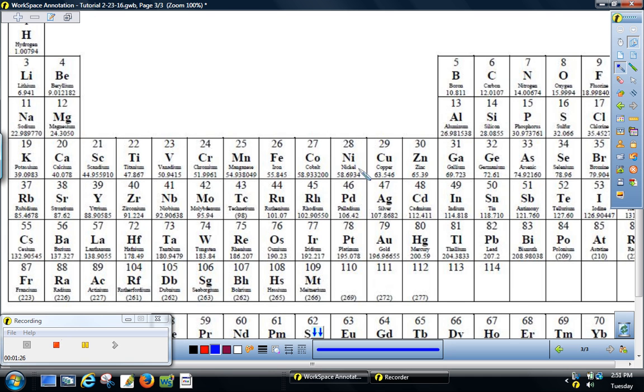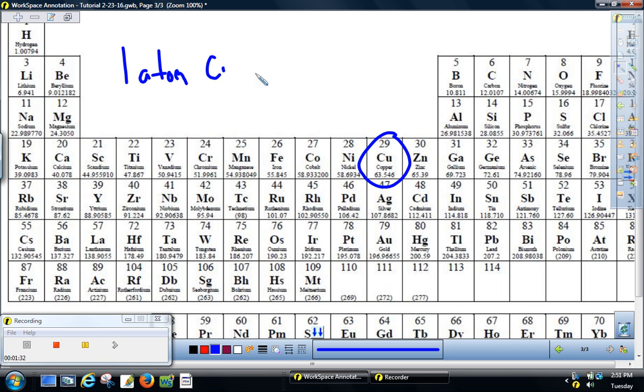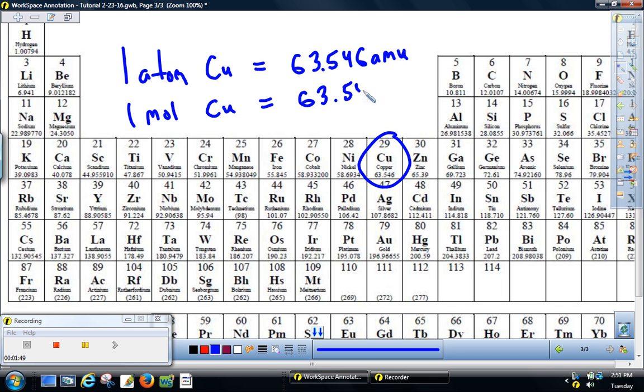So a quick review of that, if we look at something like copper, 1 atom of copper is equal to 63.546 AMUs on average. Really tiny number. If you have 602 sextillion copper atoms and you put those all on the scale, they would weigh the same number, but in the units of grams, a measurable quantity based on the equipment that we have in the room.